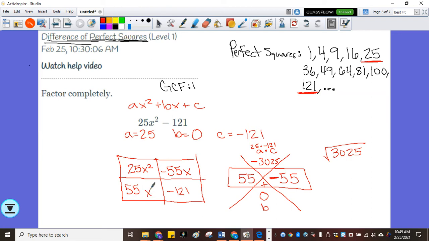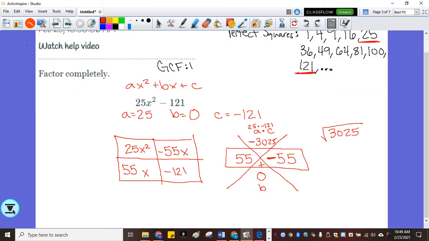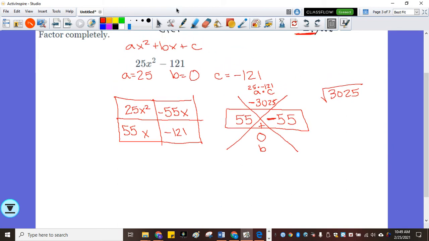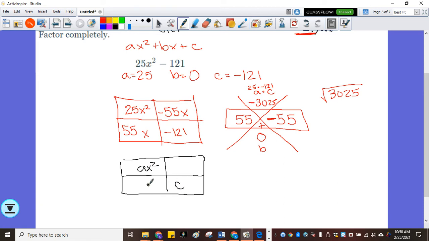And don't forget to put an X. So we're following the ax squared, C times X factor. That's what we're filling in.